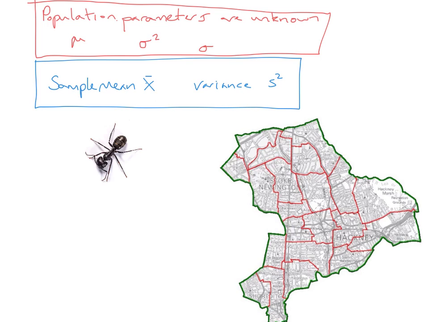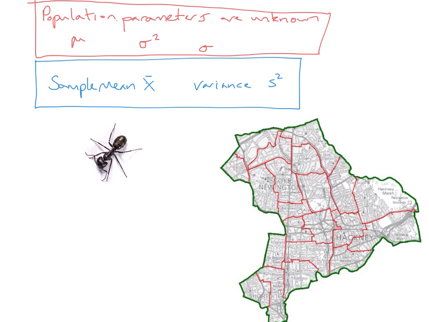Obviously, all the ants within Hackney, every single ant that is living in Hackney at the moment, all of them will have a mean. They'll also have a variance, but there's no way that we can measure these. So this is a population parameter. This mean, the mean of all the ants, and the variance, and even the standard deviation of all the lengths of ants in Hackney is unknown.